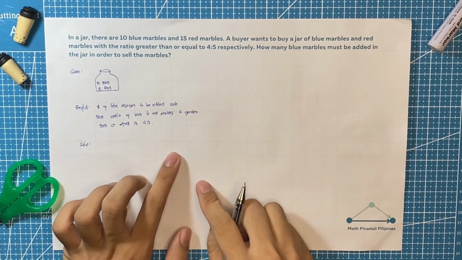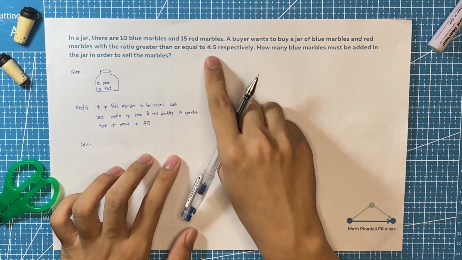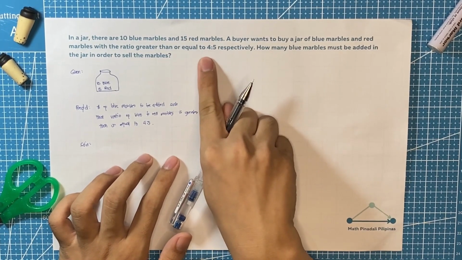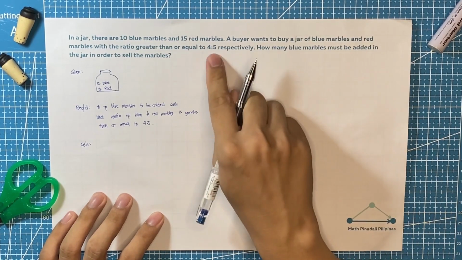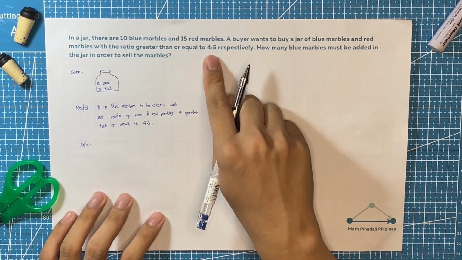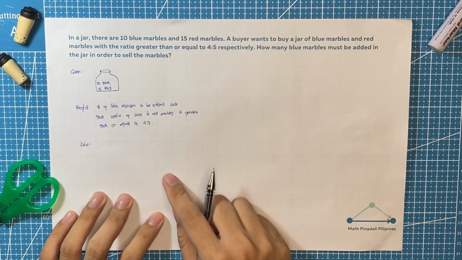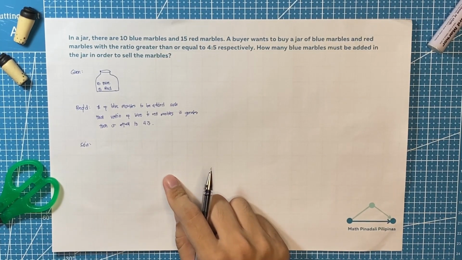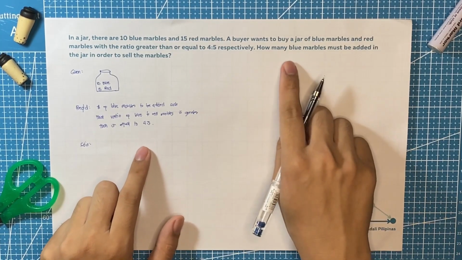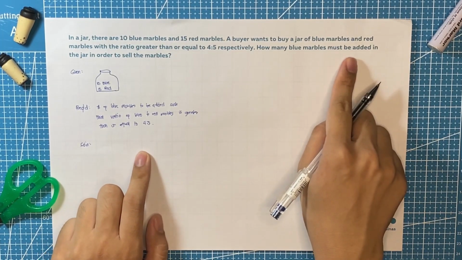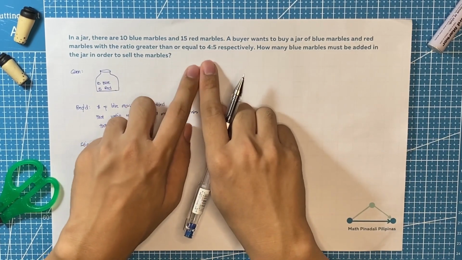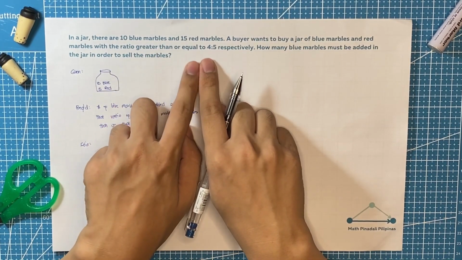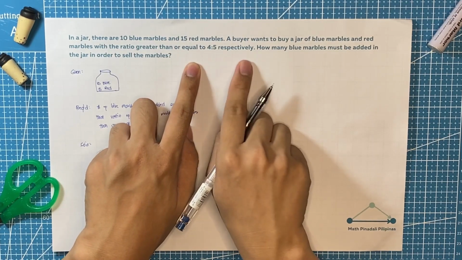Now, the first thing is, dapat alam natin yung ibig sabihin ng 4:5. Now, this is a ratio, no? And later on, dapat ma-convert natin siya into a fraction na magagamit natin sa ating inequality. Ang sabi sa atin, kailangan daw natin malaman yung number ng blue marbles na kailangan idagdag para mabenta yung marbles. Para mabenta yung marbles, dapat yung ratio niya is greater than or equal to 4:5, no?